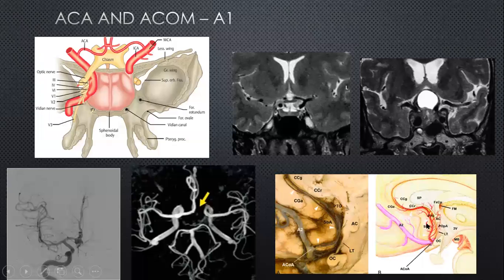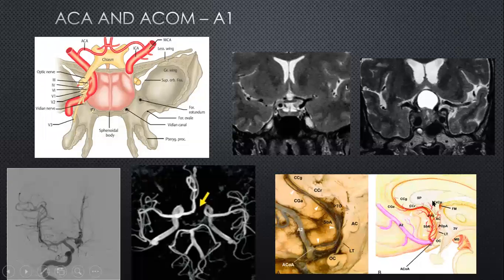What I have tried to show here is the importance of the ACA. The ACA is of paramount importance in this area, which is close to the septum pellucidum, called the subcallosal area, and also very close to the optic chiasm. This area is supplied by the ACA: the chiasm, the subthalamic area, parts of the anterior hypothalamus, and this part of the brain called the piriform cortex, which is also supplied by parts of the ACA itself.